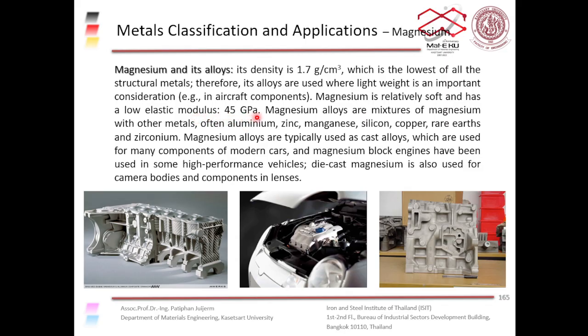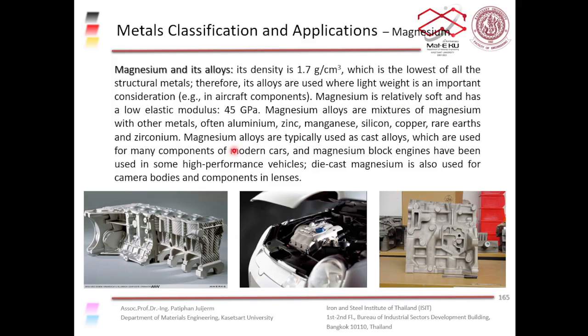So we have to mix in other alloying elements to increase its strength and hardness. Usually we add aluminum, zinc, manganese, silicon, copper, and maybe a little bit of rare earths and zirconium, so we can produce a stronger, stiffer, yet light material.